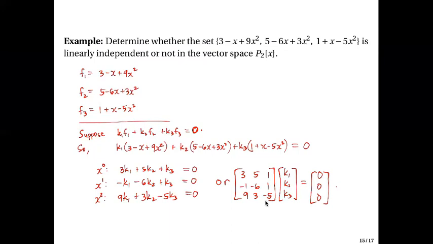However, if the determinant is equal to 0, then this has infinitely many solutions. So let's compute the determinant of 3, 5, 1, -1, -6, 1, 9, 3, -5.